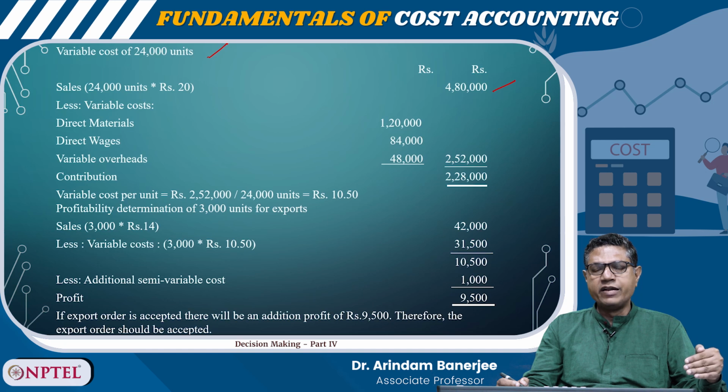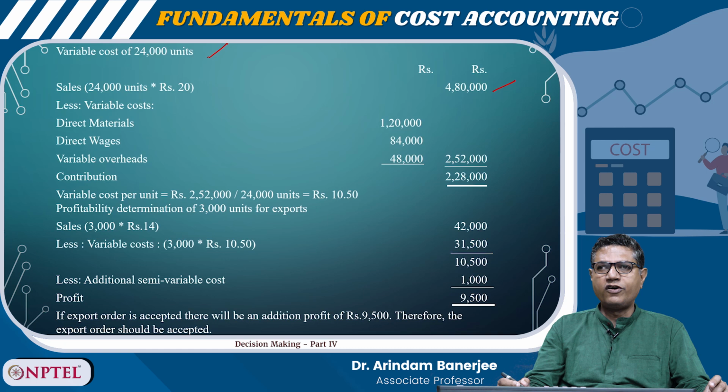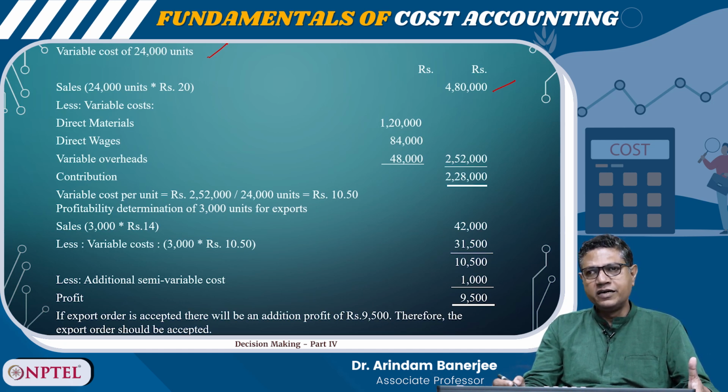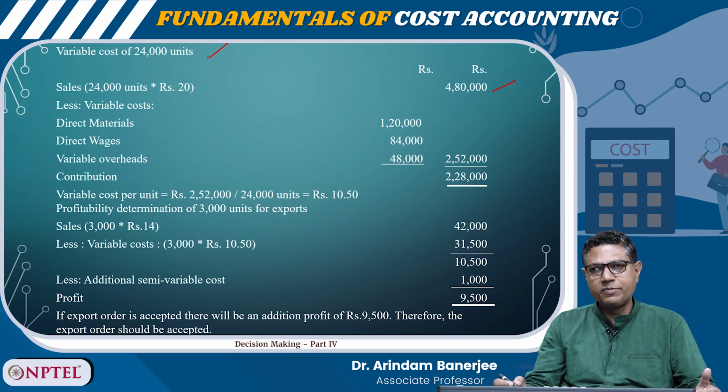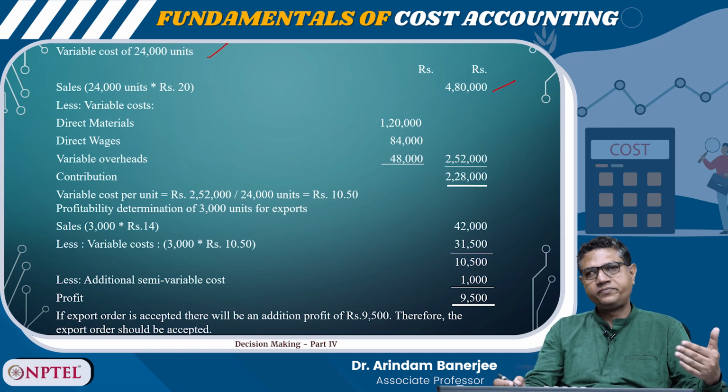So, it will vary, but the lease rent which the company is paying for the factory shed, if it is a fixed amount per year, that won't change, right. In the shorter run, depending upon the demand, the company can decide whether it should operate at 70% capacity or it should go for 80% or 90%.